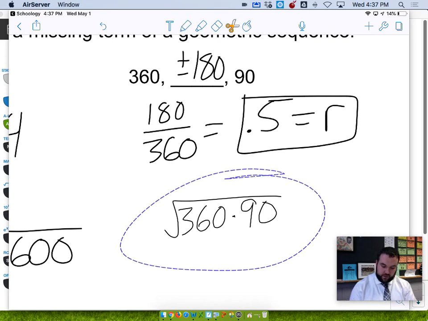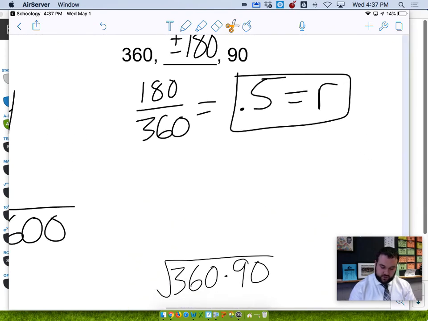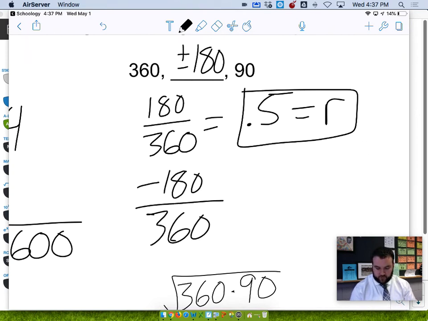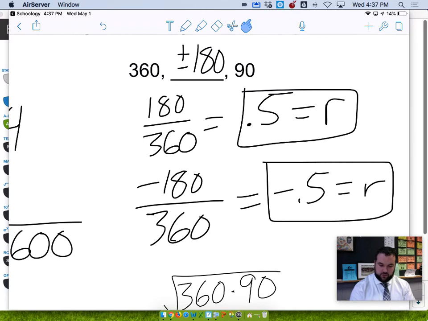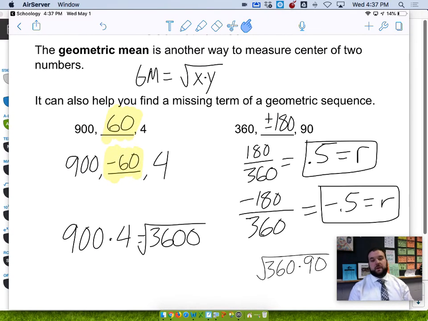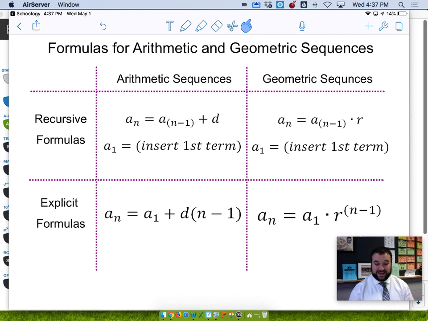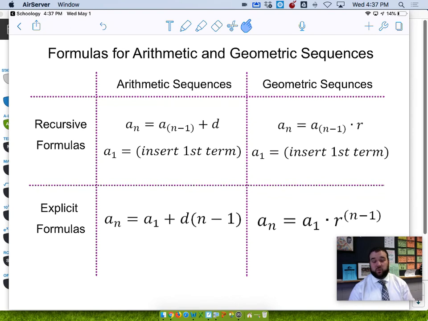Of course, if you were to use the negative version of 180, then the common ratio would swap to negative 0.5, which is not a huge deal, but just be aware that it could be either way. So that's the end of 9.3 and what we cover in Chapter 9.